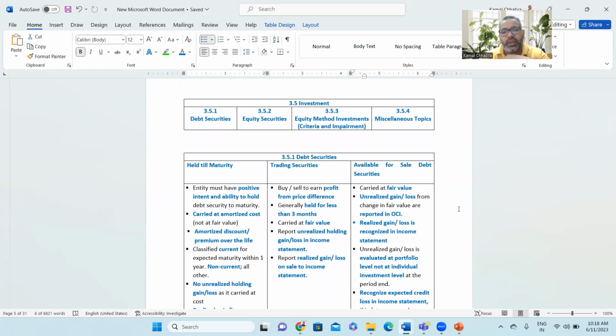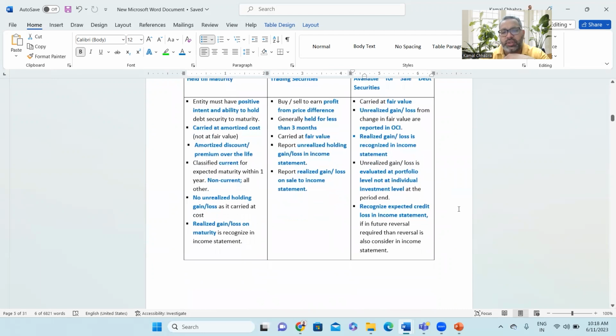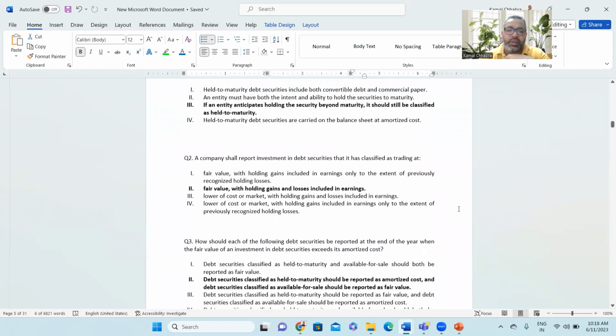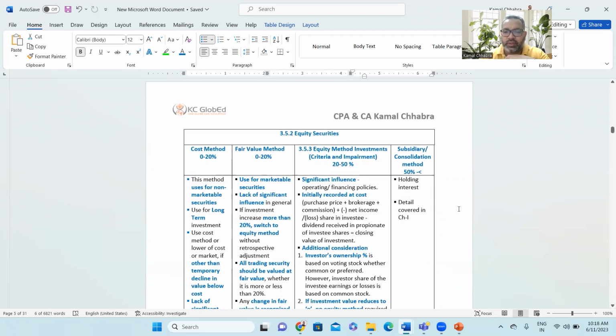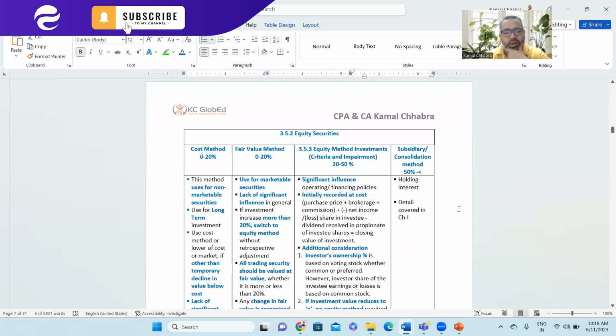Now today we'll be covering investment in equity. Investment in equity security will cover the cost method, fair value method, and equity method, and then there is one more topic, the subsidiary or consolidation method, that is covered in chapter 1.